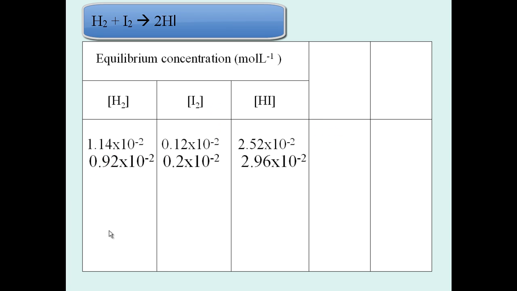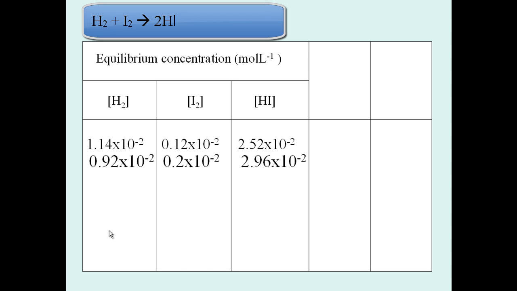Now you'll need a table like this. So scribble furiously while I'm putting something on the board, because I'm going to ask you to do some work with these numbers. We've done another experiment where we've taken hydrogen, we've taken iodine, and we've got hydrogen iodide.